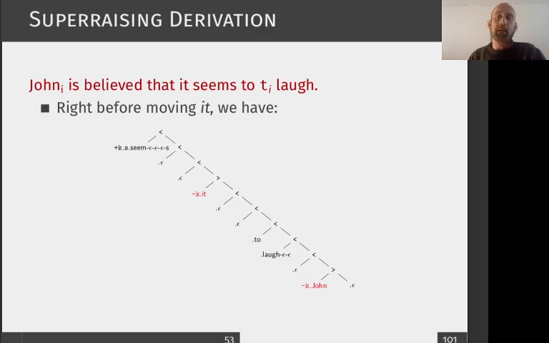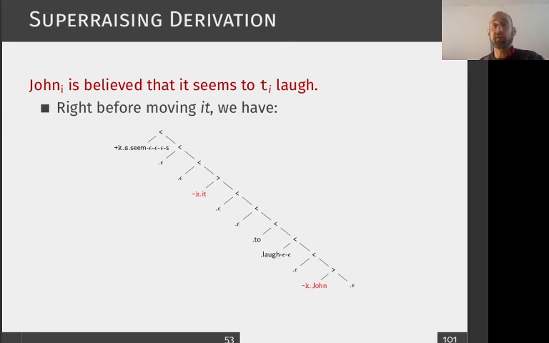So how can we cash this out? Well, before we move it in the John is believed that it seems to laugh sentence, so right at seems to laugh, before we move it, this is the thing that we have. And if you zoom in, you see that in red there are two expressions which have the same first feature, minus k.